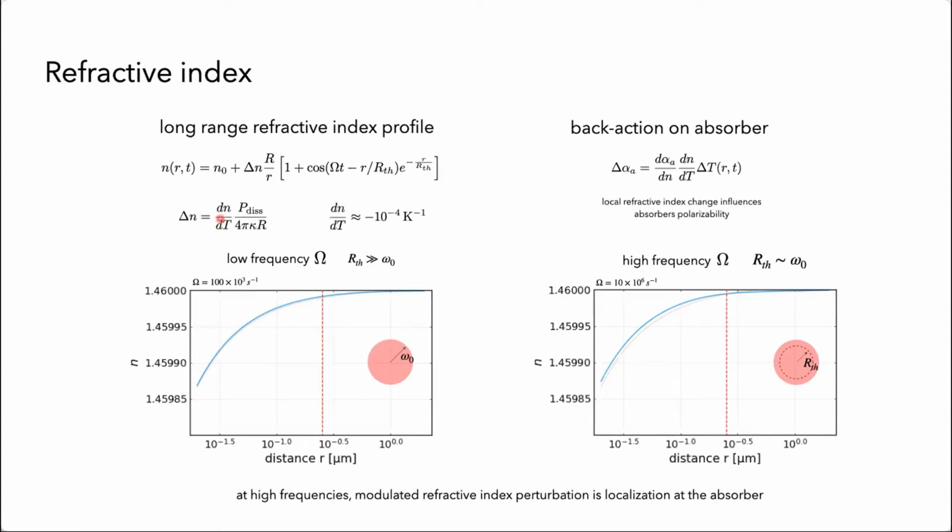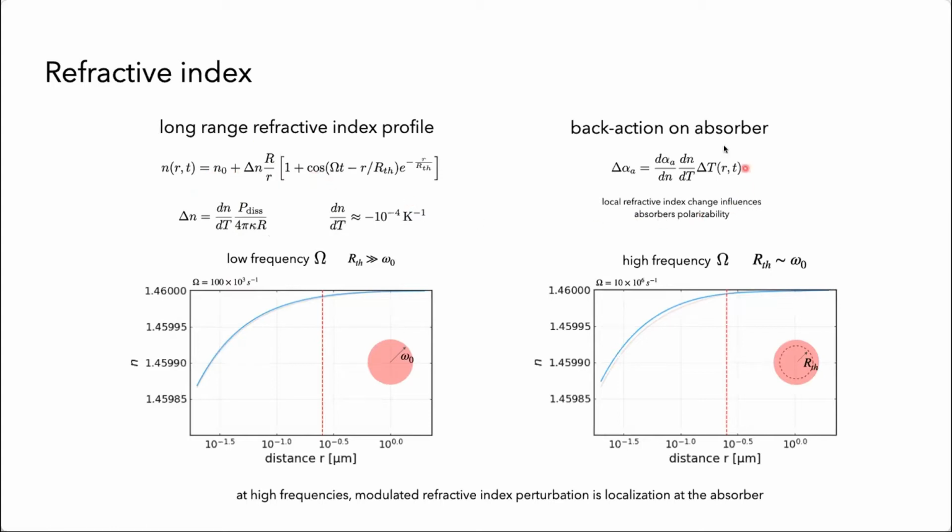Michel already mentioned dn/dT, which is typically negative because most materials decrease their refractive index upon expansion, but it is very small, on the order of 10 to the minus 4 per Kelvin. So you expect small changes in the refractive index overall.